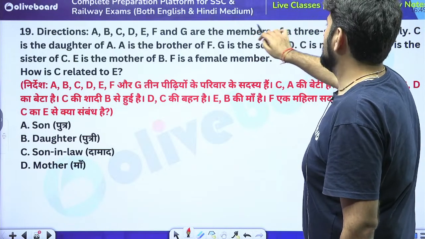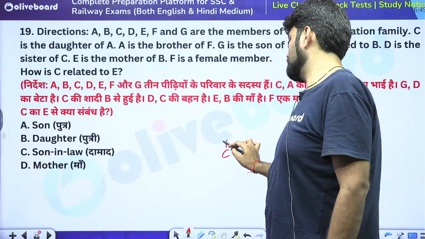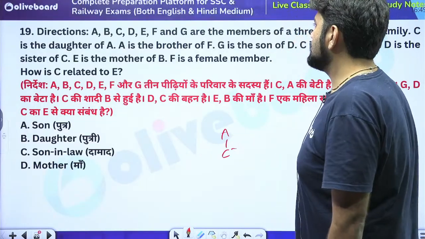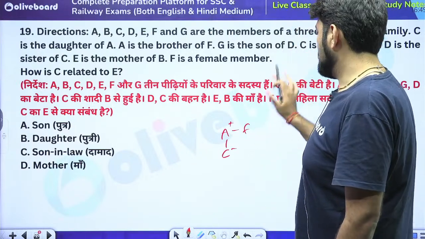There are 7 members of a 3-generation family. C is the daughter of A. A is the brother of F. G is the son of D. Let's not connect it now.